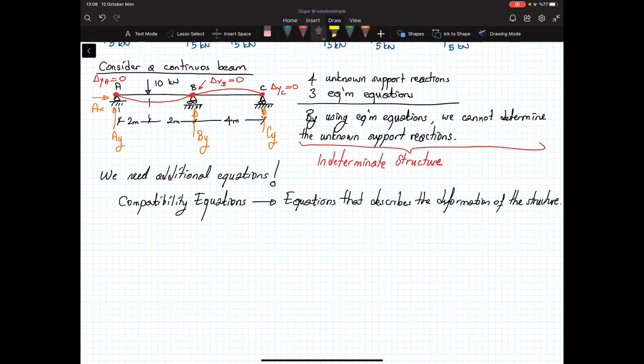Okay, now I have this information, that one and that one. And also I have the equilibrium equation.